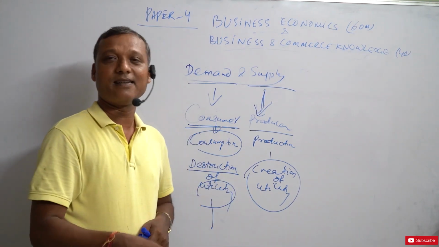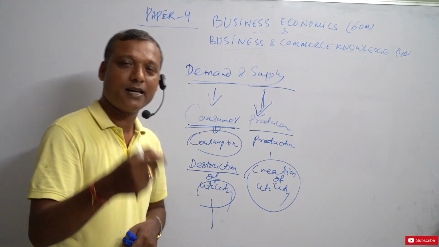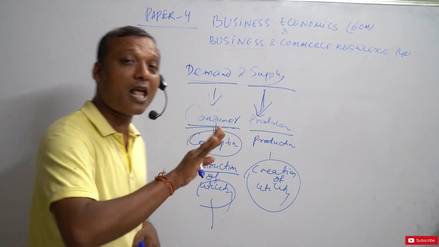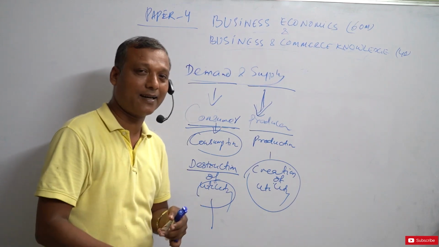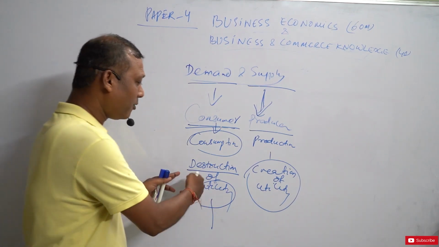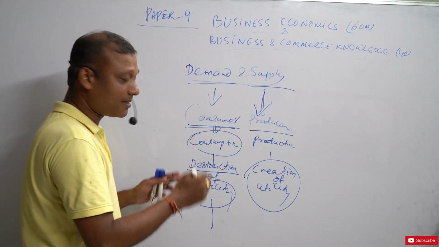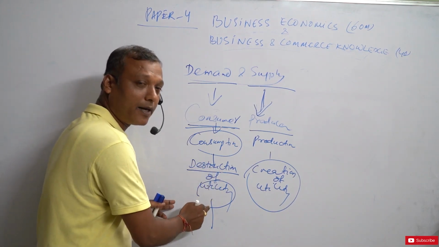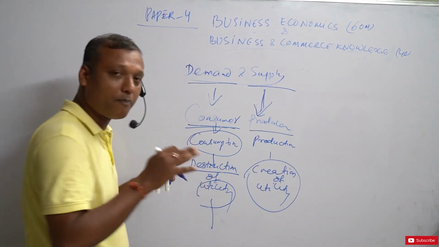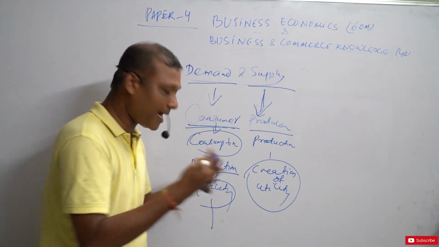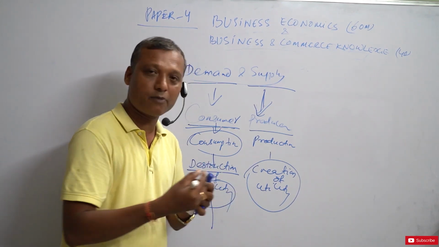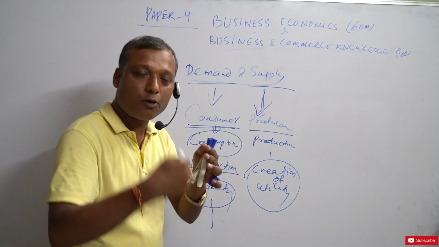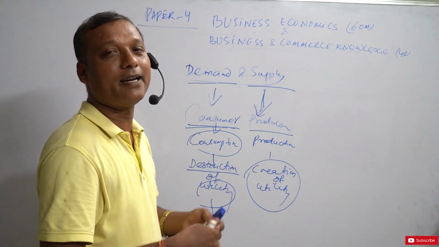Until and unless a producer is adding some utility, this is never called production. Exactly like that, consumption means destruction of utility. It simply implies that when in our day-to-day life we use some item, some goods, then the utility of the good goes on declining, diminishing.